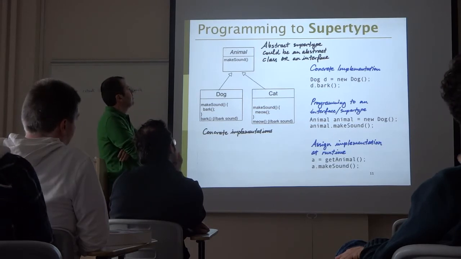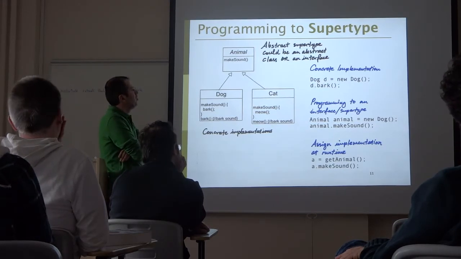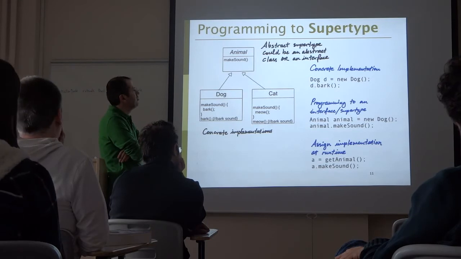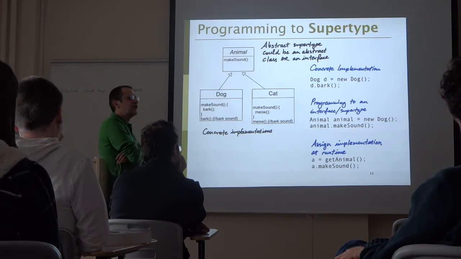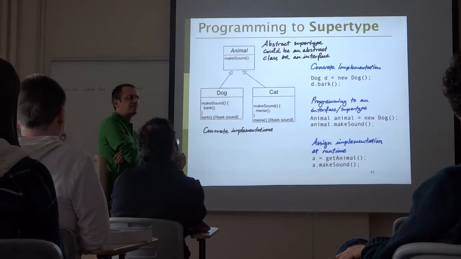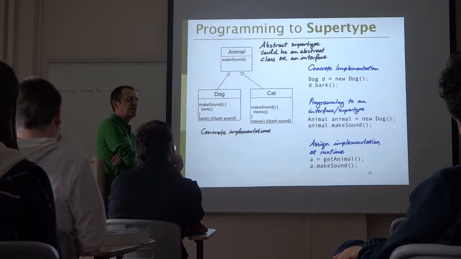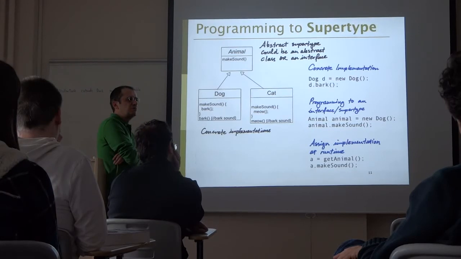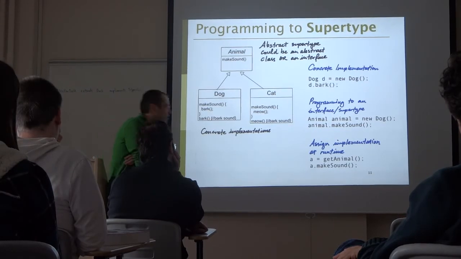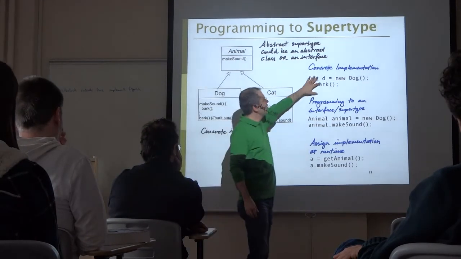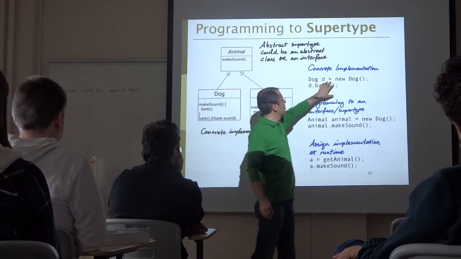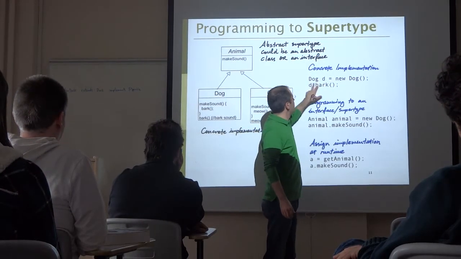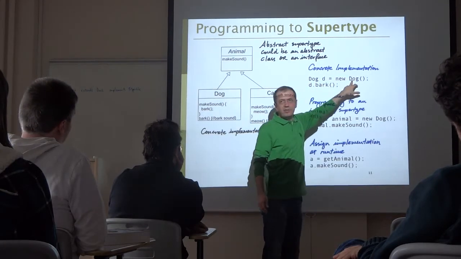So the difference is this. When I have a concrete implementation, at least in C++, it's been a long time since I programmed in C++, so we need your expertise on that. When you have a concrete implementation, this is a dog, and you use the same name here and here, right?